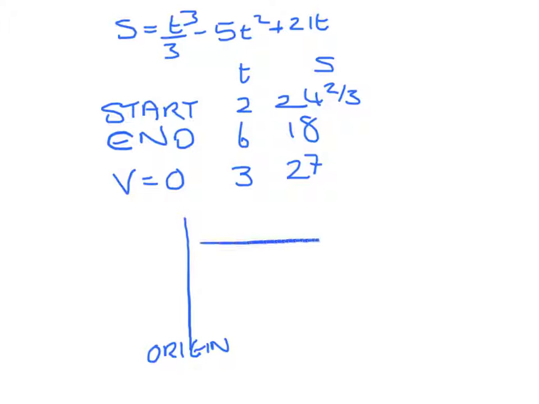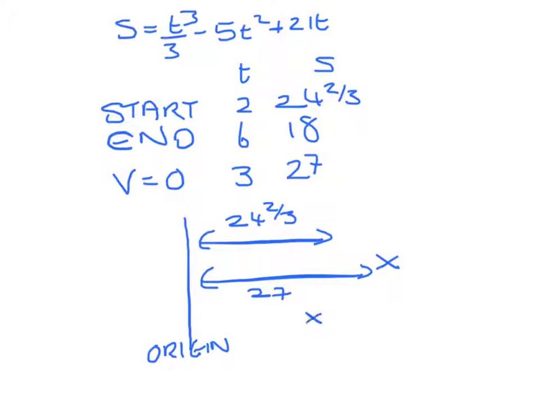at the start my particle is 24 2/3 metres from the origin. When v equals 0, it is 27 metres from the origin, and when t equals 6, it is 18 metres from the origin.